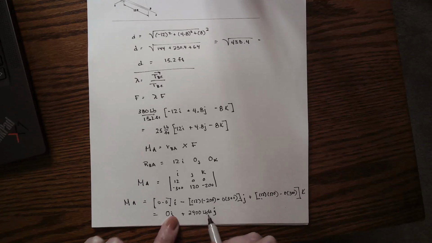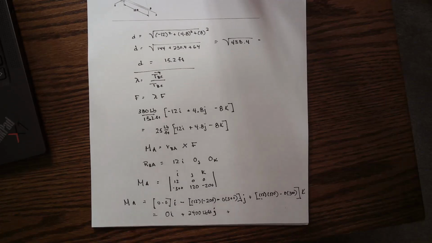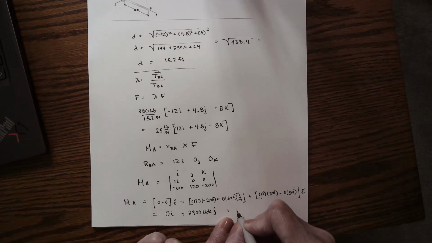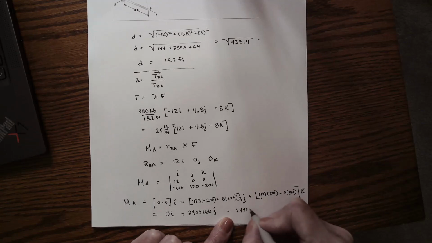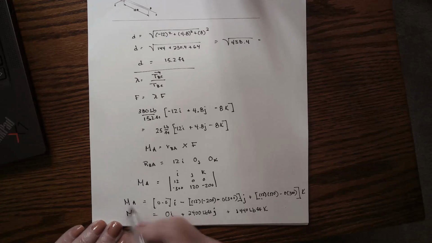So plus 2,400 foot-pounds in the j direction. And then in the k direction, we have 12 times 120 minus 0. That will give us 1,440 foot-pounds. Okay. So that is our moment about A.